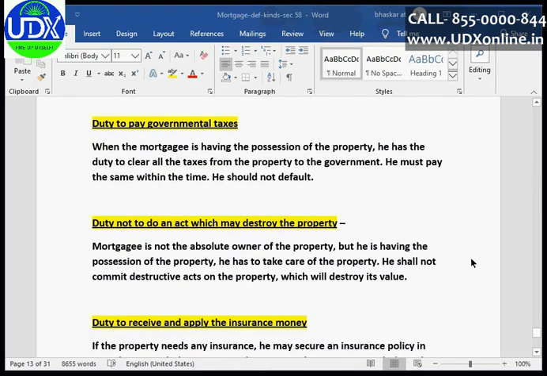The next duty, not to do an act which may destroy the property. Mortgagee is having the duty to guard, protect, maintain the property until the complete period of that mortgage.